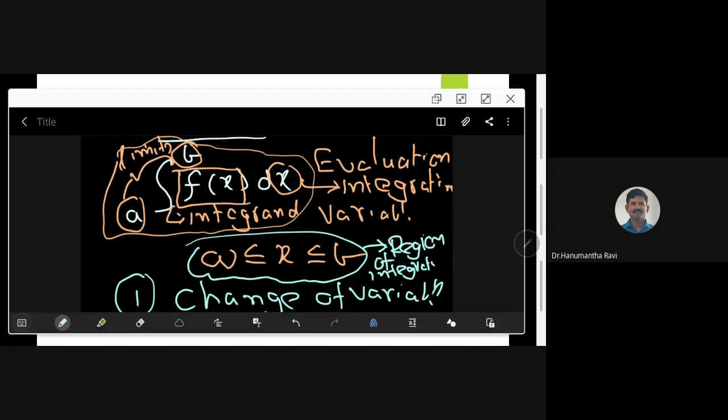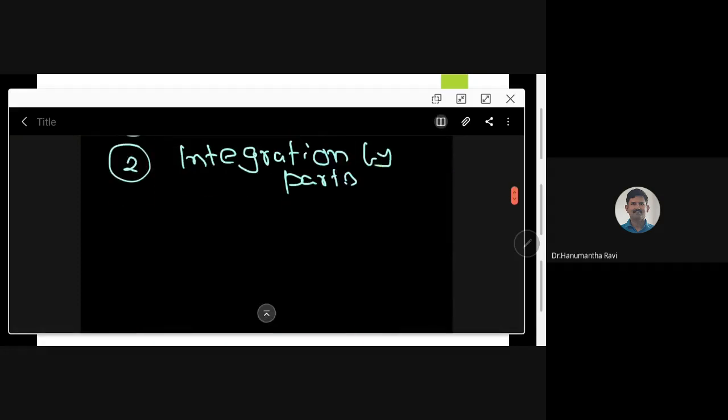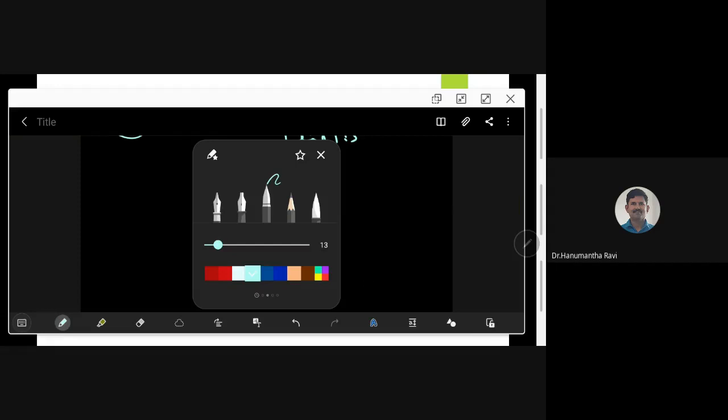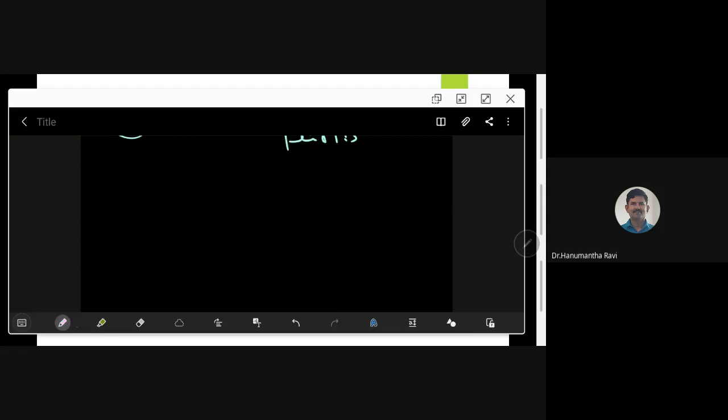So when we are dealing with single integrals, what are the key terms that we use?